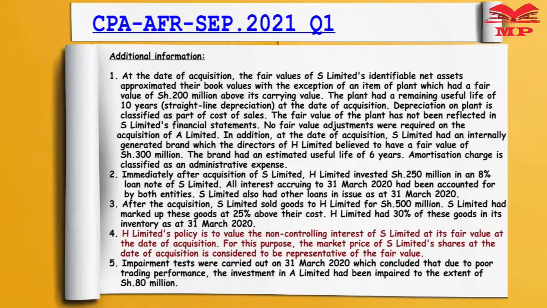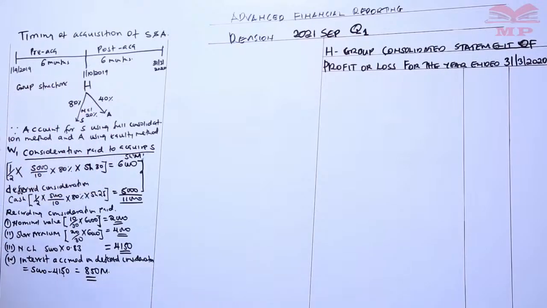at its fair value at the date of acquisition. For this purpose, the market price of S Limited shares at the date of acquisition is considered to be representative of the fair value. So we're going to do the valuation of NCI at fair value.